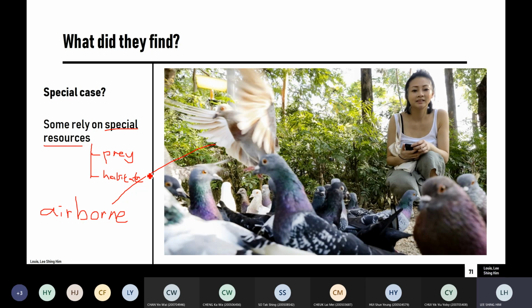It is because there are large water bodies for it to hunt. The carrying capacity of the environment is large enough to accommodate such a large bird of prey. So that is sometimes the case in large cities.